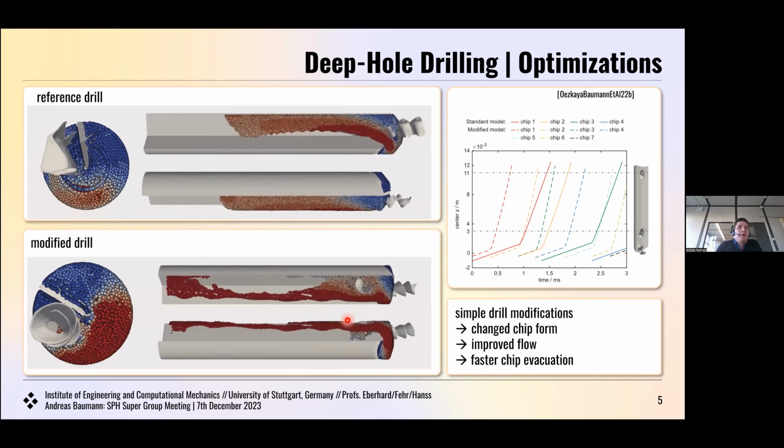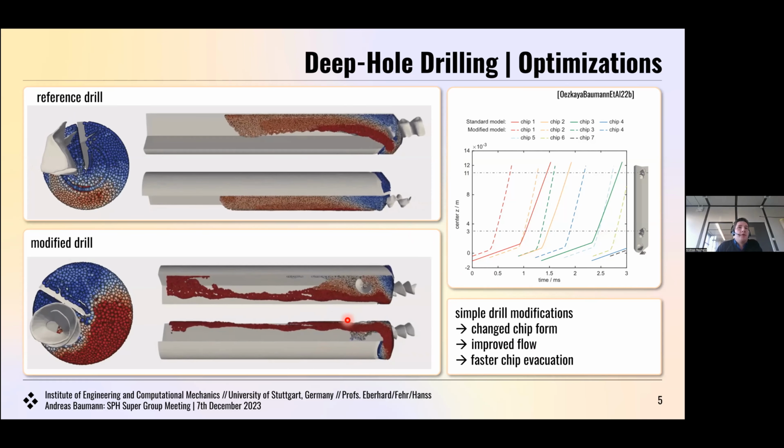So on the right-hand side, we have a plot of the positions of the chips. In dashed lines, we see the modified chips over time, which we add. And in straight lines, we have the chips of the standard model or the reference drill.